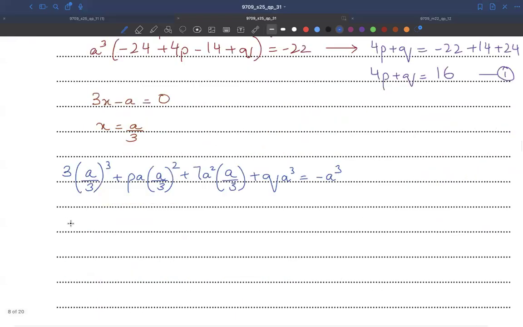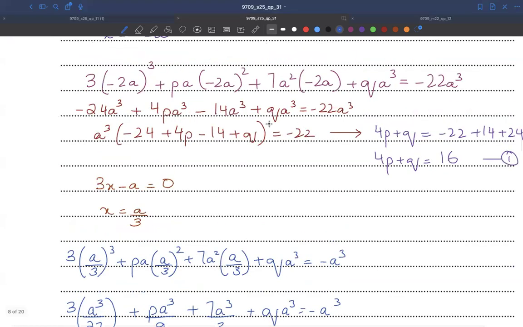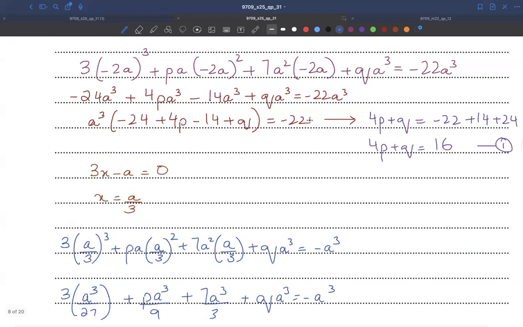Simplifying this, we'll get 3 into a cube upon 27 plus pa cube upon 9 plus 7a cube upon 3 plus qa cube equals to minus a cube. Now, just for clarity, we had a cube over here as well, so it cancelled out on both sides.